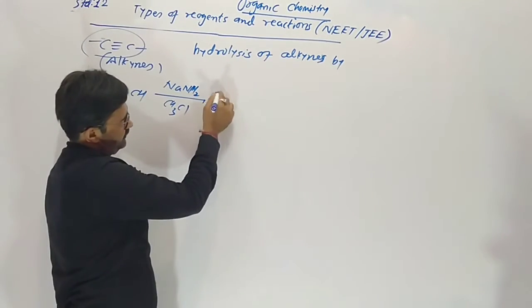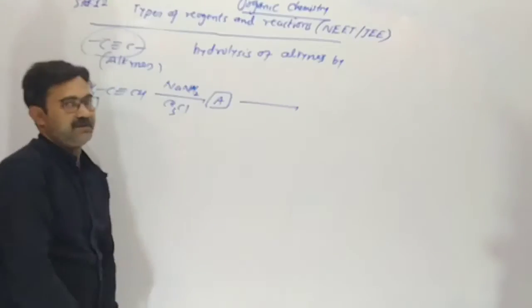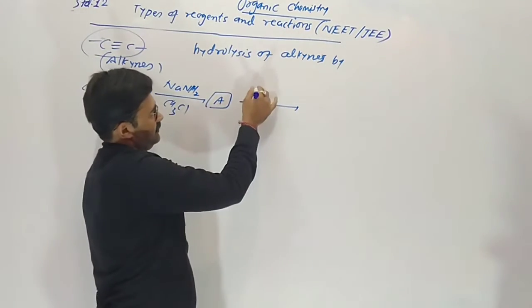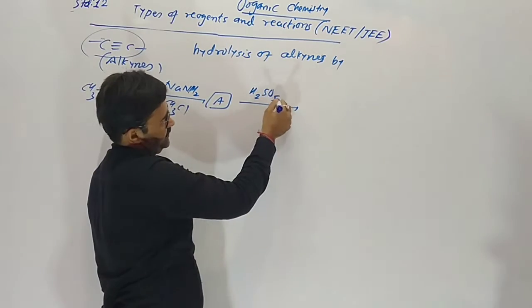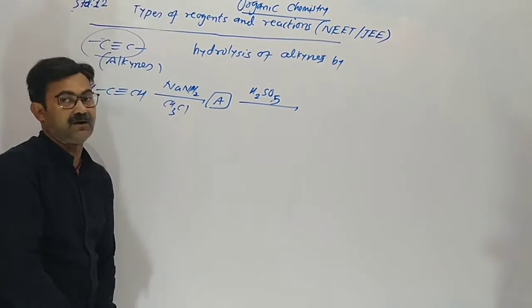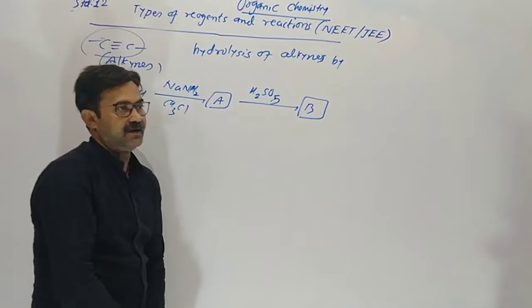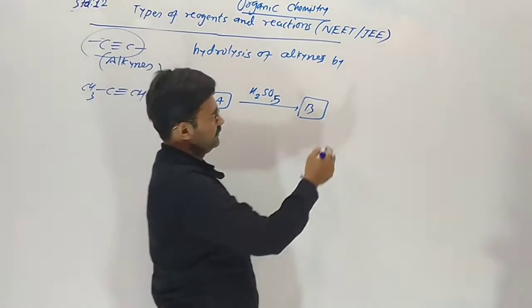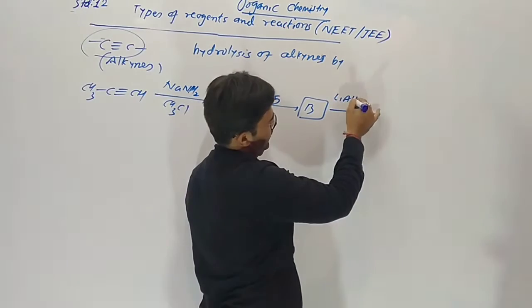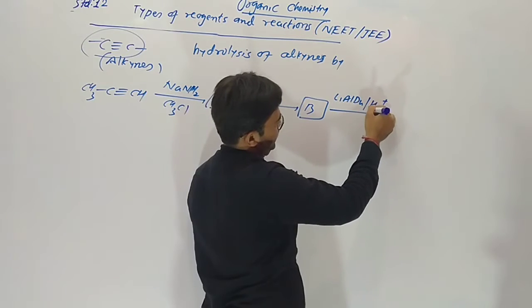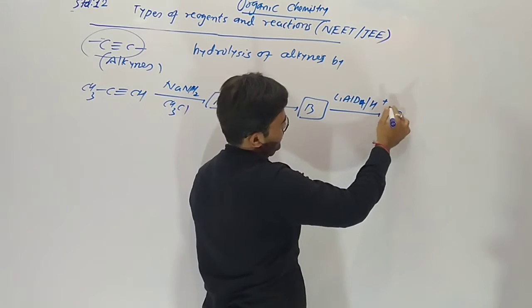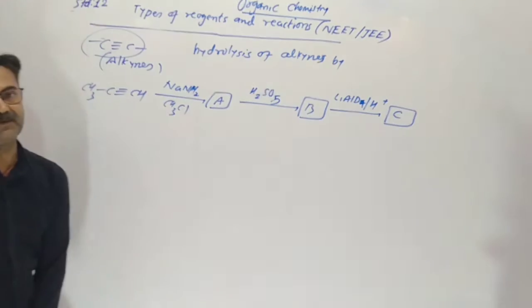It gives A. Now reaction of A with persulfuric acid, not H2SO4, H2SO5. It gives B. And now reduction of B, LiAlD4 in an acidic medium, gives C. So find out A, B and C.